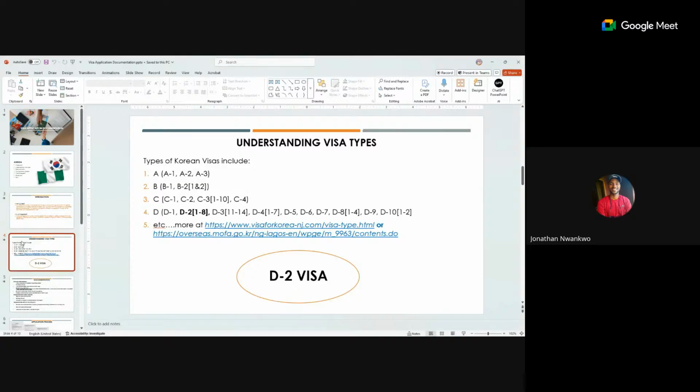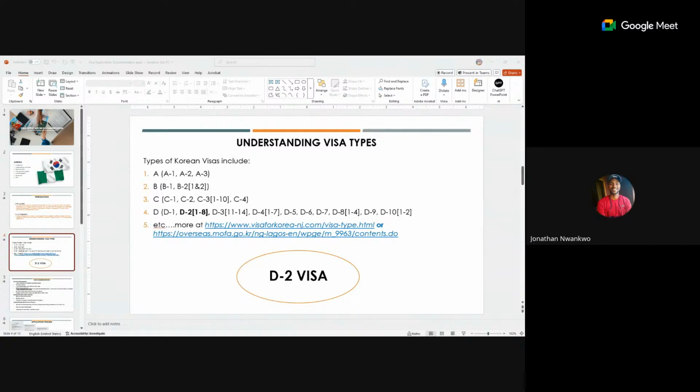So for Korea, basically, there are quite a number of visas. There is visa type A, where you have A1 up to A3. You have B, you have B1 up to B2, and B21, B22.